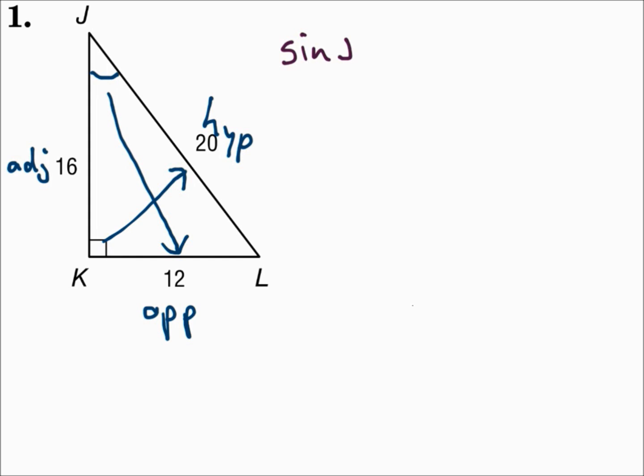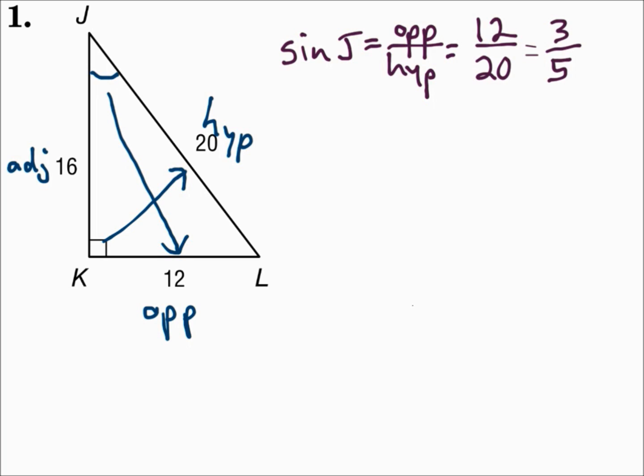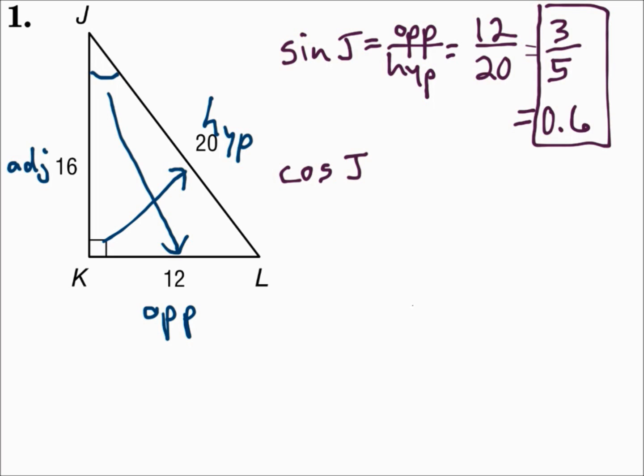Start with sine. Sine of J equals opposite over hypotenuse. Opposite is 12, and the hypotenuse is 20. That reduces to 3/5, and as a decimal, that's 0.6. Cosine of J equals adjacent over hypotenuse.